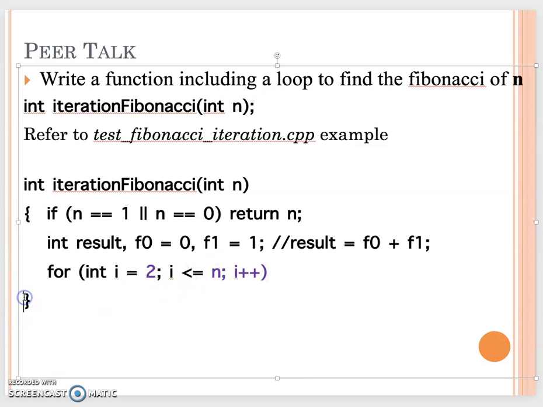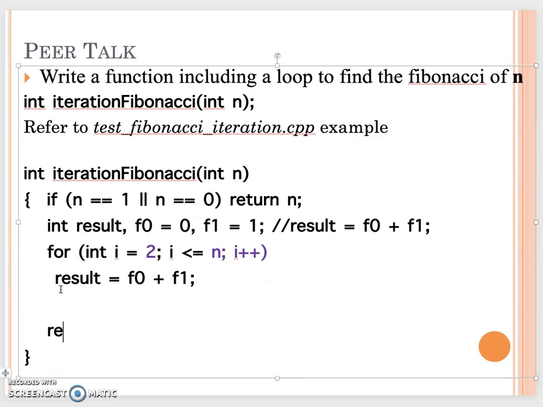After that, how should we proceed? Our result is the value we want to copy, so that's F0 plus F1. Here you see n equals 2, so after you're done, supposedly we should return the result, the Fibonacci number.